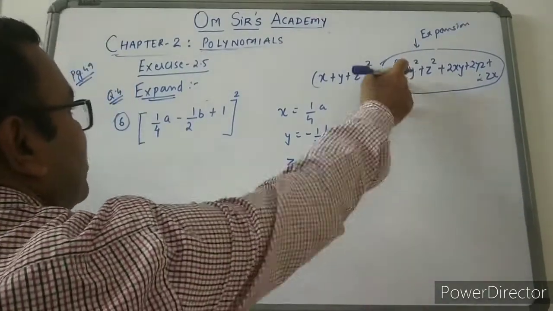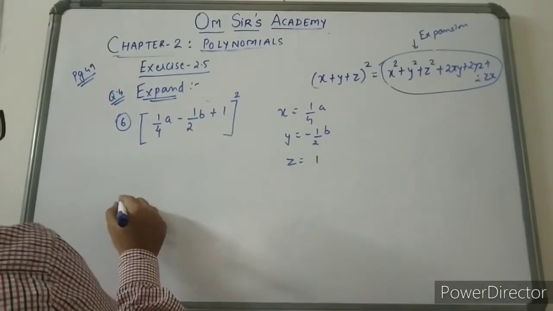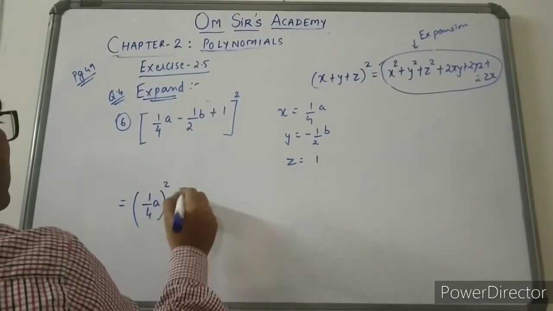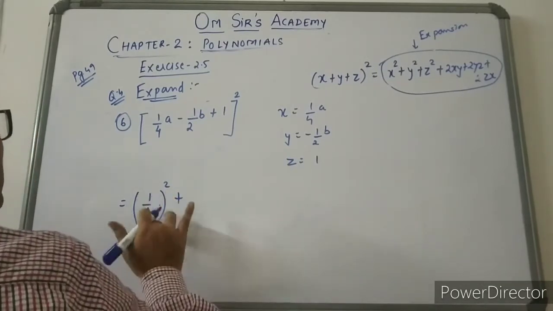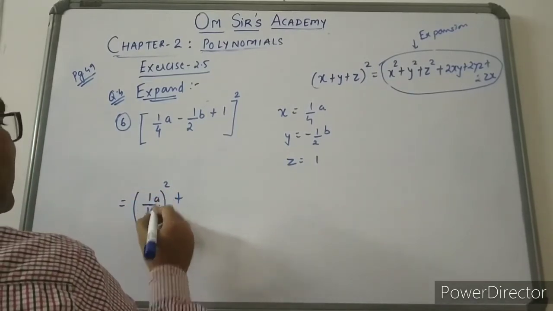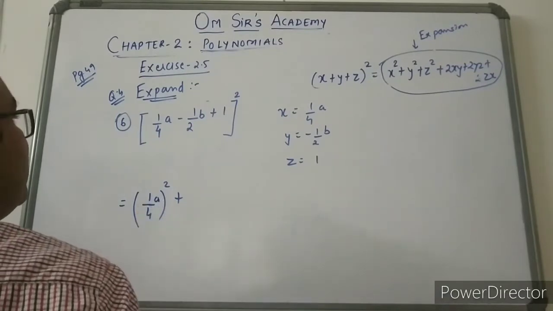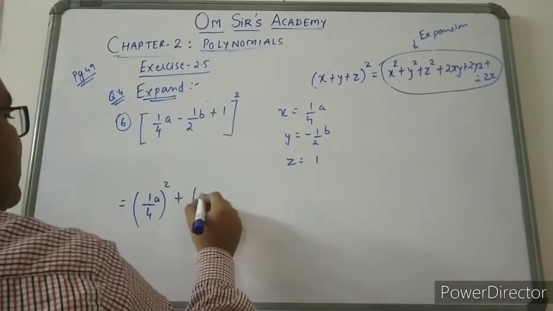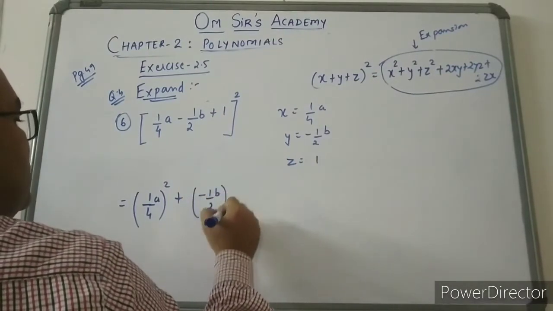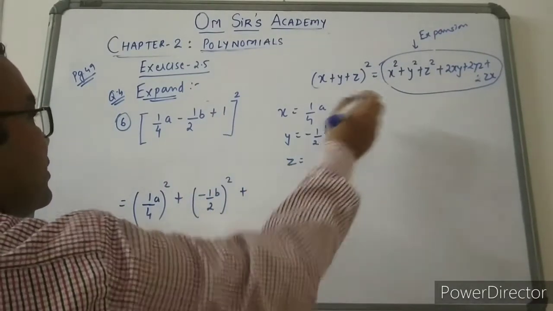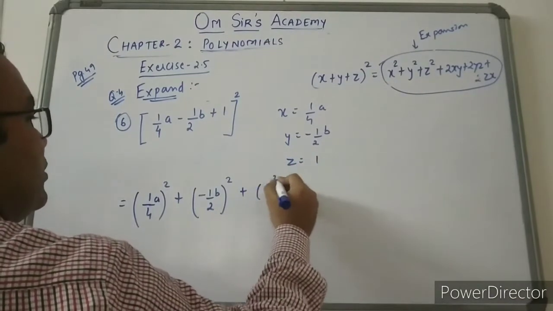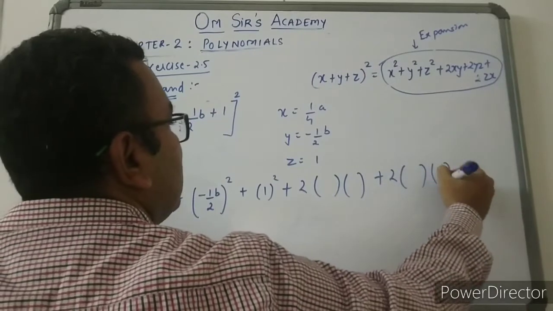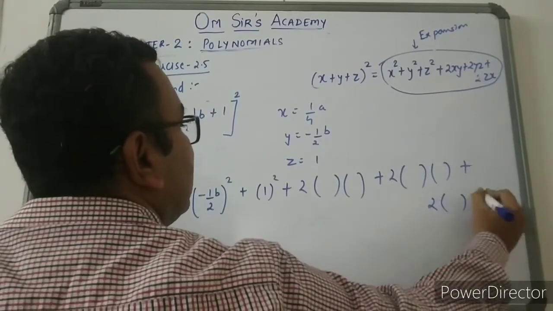Okay, so the solution set is x square, so instead of x square I have to take 1 upon 4a the whole square, plus y square, that is minus 1 upon 2b the whole square, plus z square, that is 1 square, plus 2ab plus 2bc plus 2ca.